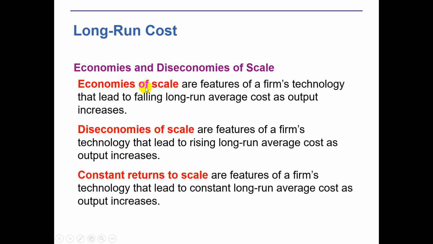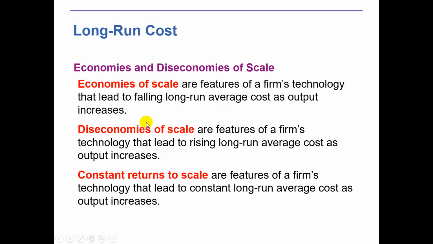So the first one is economies of scale. If the firm's technology allows the long run average cost to fall as you increase the output level, we can say that this firm has economies of scale. It means producing a larger amount will give them lower average cost. So they will have economies of scale.